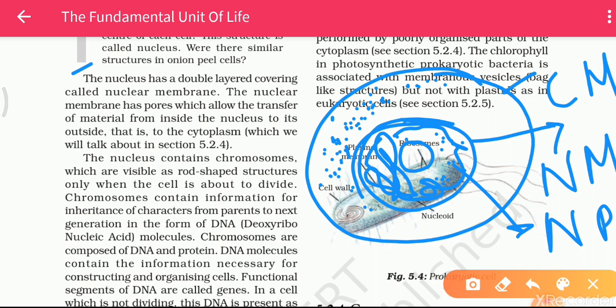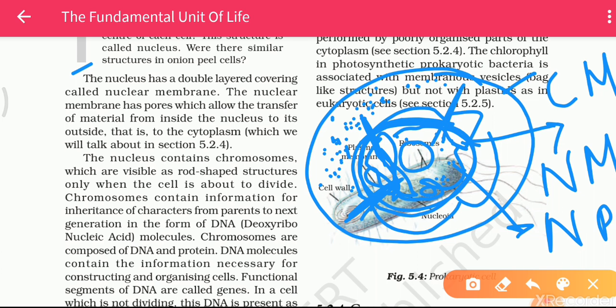Students, very simple. This one is called the nuclear membrane, but the nuclear membrane is double layered. It's not single layered, it is double layered. Here, this one is called the double layered membrane, and in between there is a gap that is called the nuclear pore.